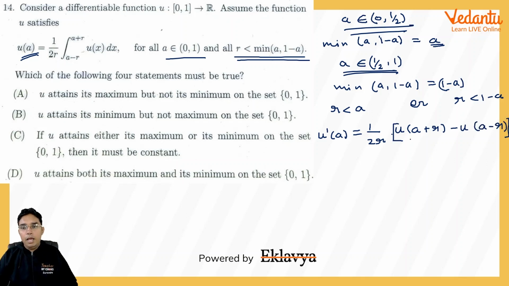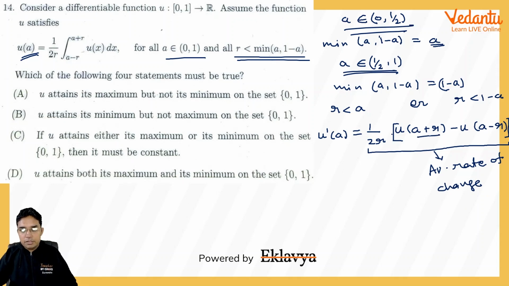Okay, and if you notice, the left hand side is the derivative, whereas the right hand side is actually the average rate of change, u(a+r) minus u(a-r) upon 2r. That is the average rate of change as this value changes from a minus r to a plus r, in which a will also lie.